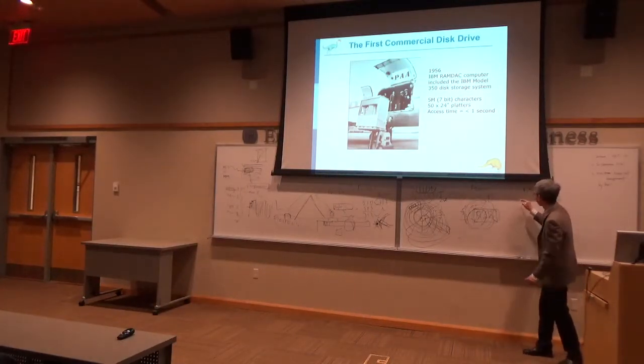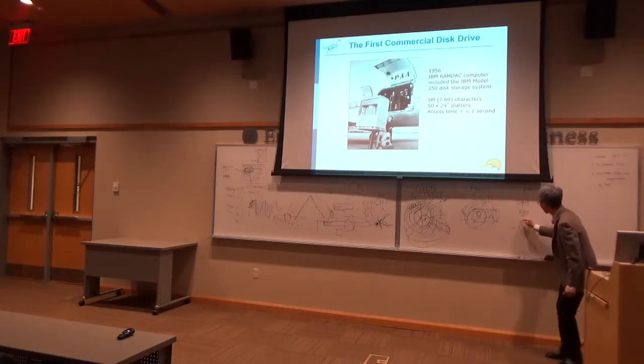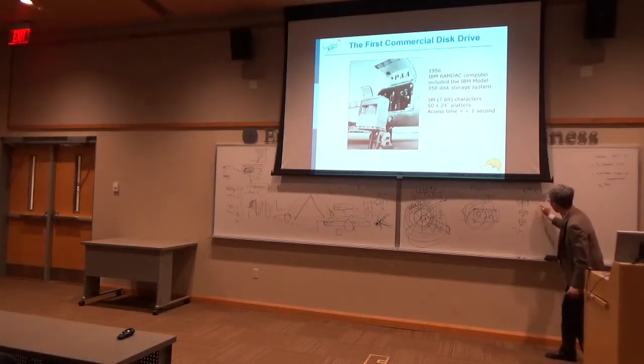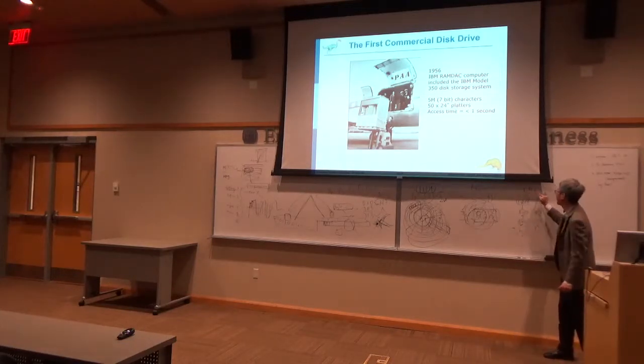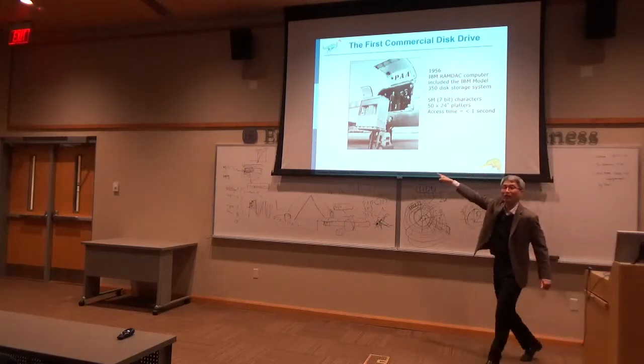Disk array means, if we have one hard disk drive, why don't we make an array of hard disk drives? Also for performance, we keep memory on the array. So this is a disk storage like this one.